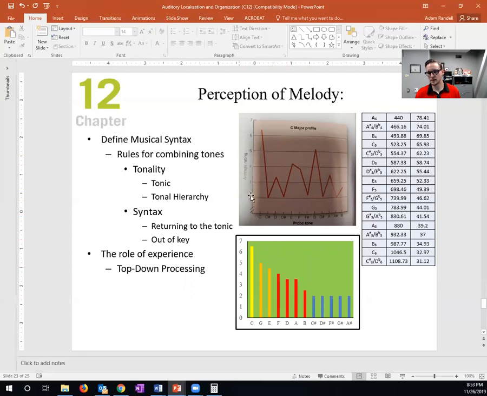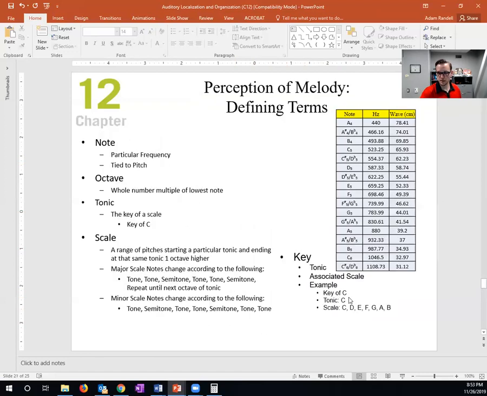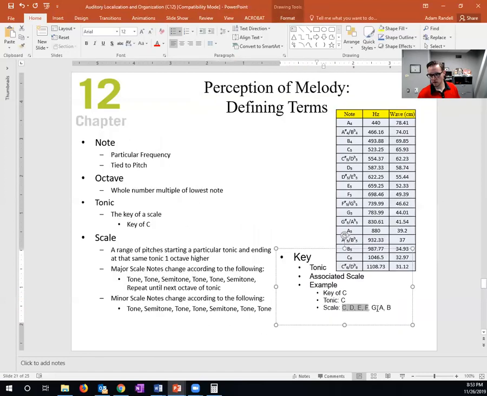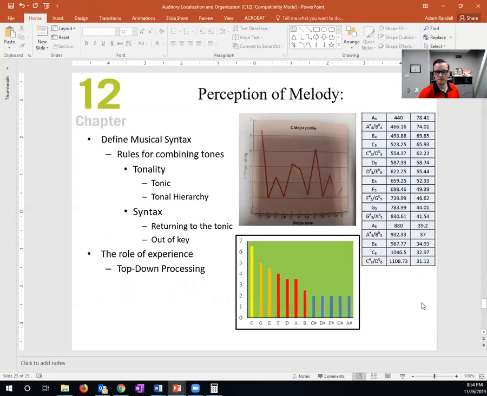That creates our hierarchy. This is organized from rated most appropriate for being included in the scale, to least appropriate. Now, the scale that they gave them was a C major scale. So as we talked about before, here are the notes in a C major scale. We see those right there.